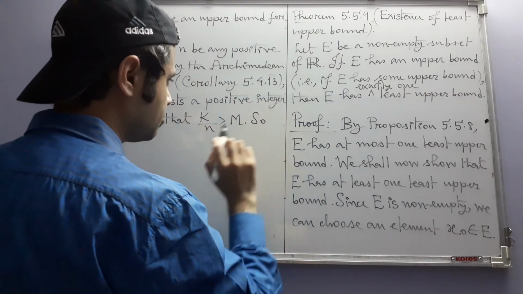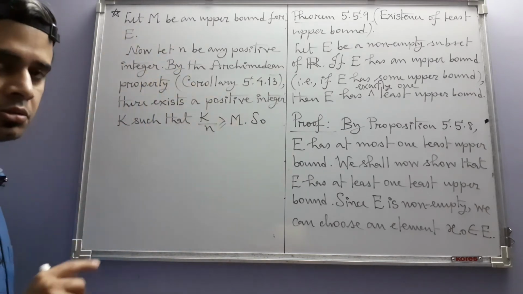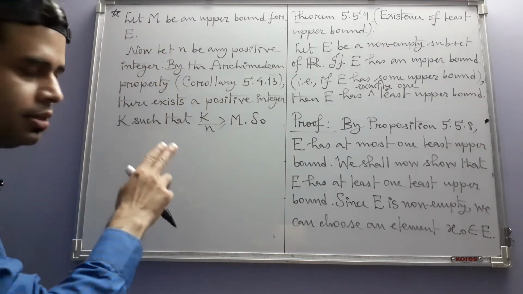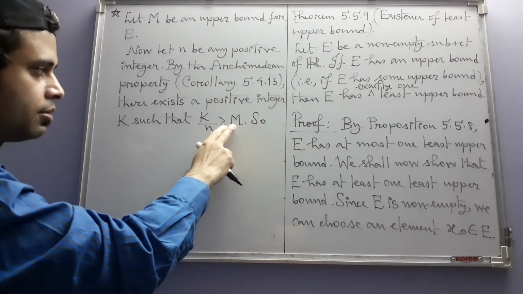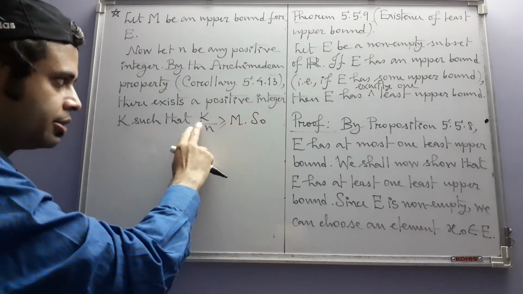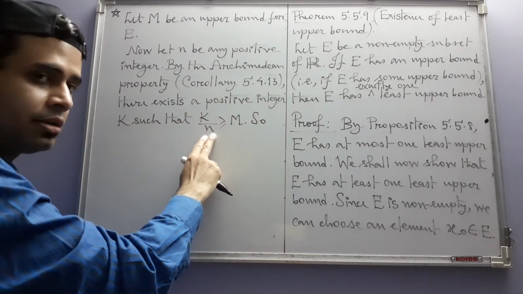So now note that since M is an upper bound for E, all the elements of E are going to be less than or equal to M. And because of this inequality, all the elements of E are also going to be less than or equal to k by n.